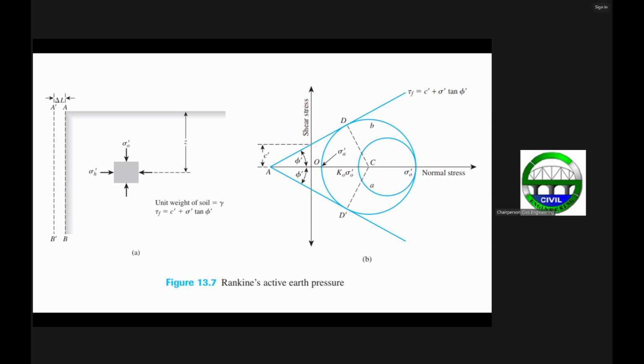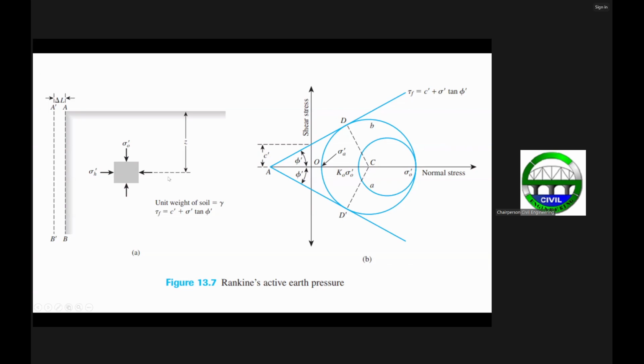And the at-rest horizontal earth pressure is this point here in your circle, equal to K sub O times sigma sub O prime. So this is the condition in your Mohr circle considering at-rest conditions.